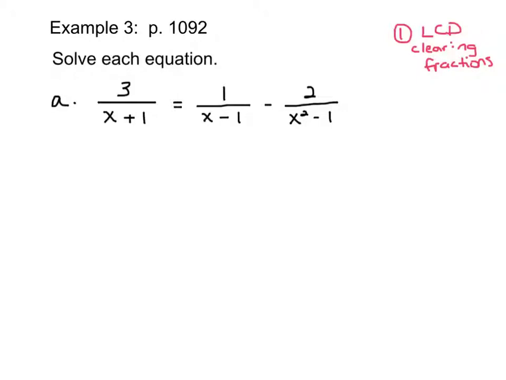In this case, I have x plus 1, x minus 1, and then x squared minus 1 factors to x plus 1 times x minus 1. So my LCD is going to be that product, x plus 1 times x minus 1.